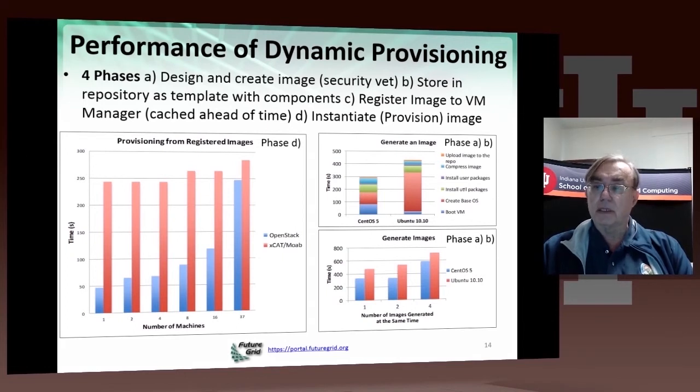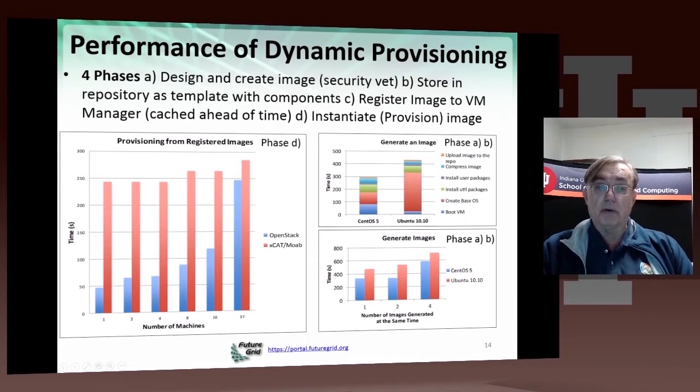Then, so that's step B. Step C is to actually create the image and register it with a virtual machine manager, which is like Nimbus or OpenStack. And then step D is to instantiate it, which is the actual provisioning, to make it actually running on a FutureGrid node. And here we have some timings for different approaches.